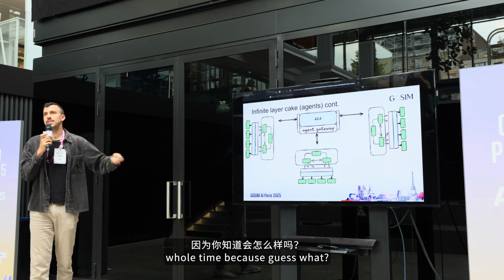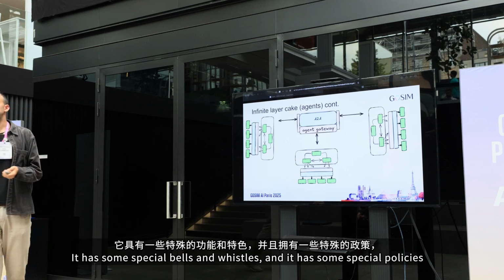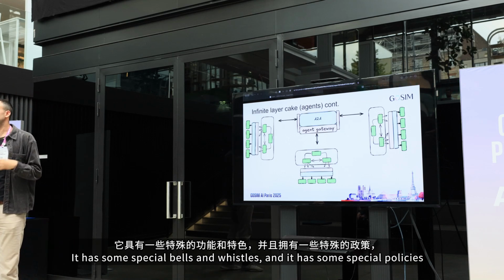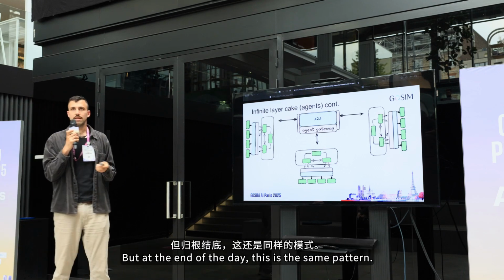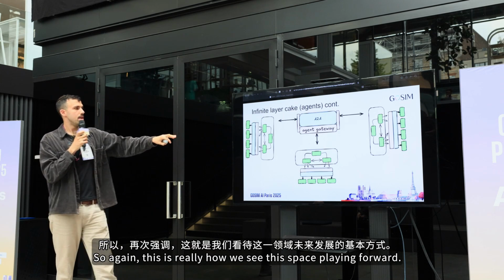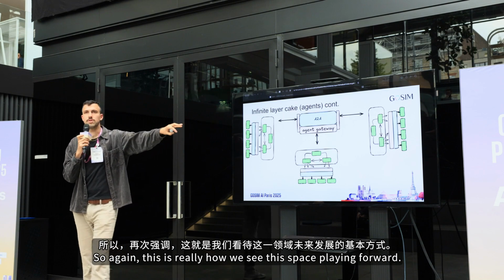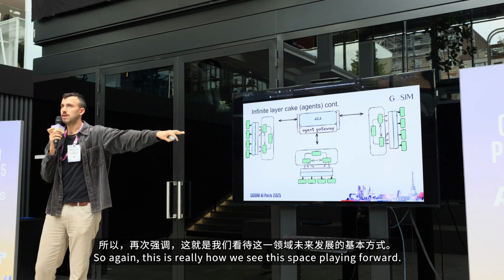Because guess what? This is just HTTP traffic. It has some special bells and whistles, and some special policies because it's all over server-sent events, but at the end of the day, this is the same pattern. So this is really how we see this space playing forward.